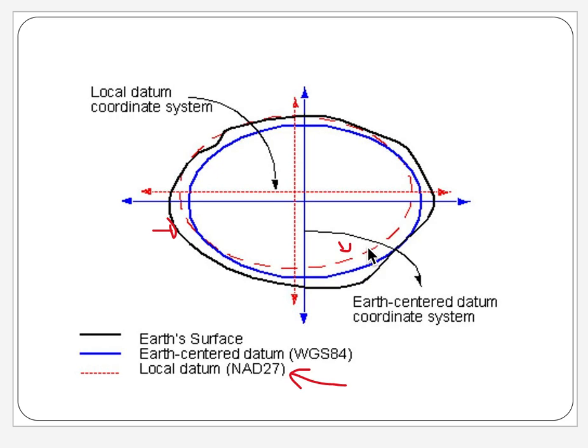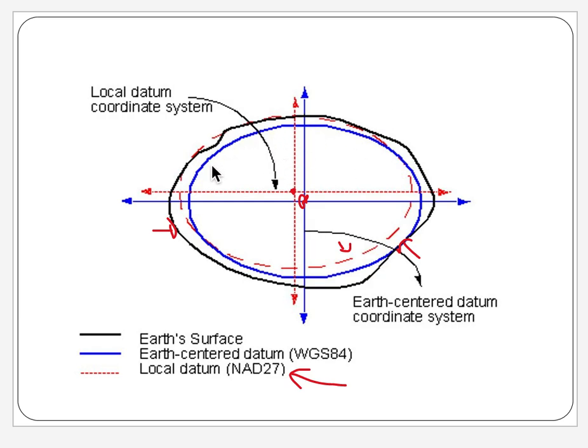So we could see here that the Earth-centered datum is located in the center of Earth's mass, and it fits better globally to the geoid. You could see it fits here, and it fits closer compared to, let's say, the local datum of NAD 1927. We know that the origin of NAD 1927 is based in Kansas compared to the center of Earth's mass.